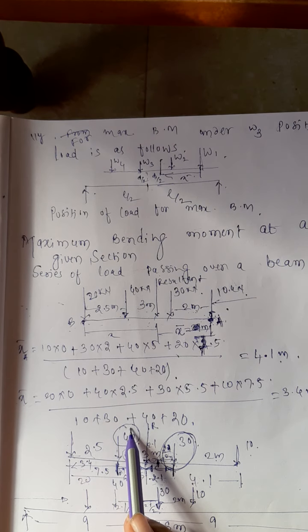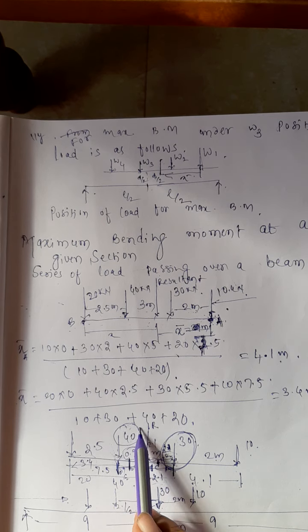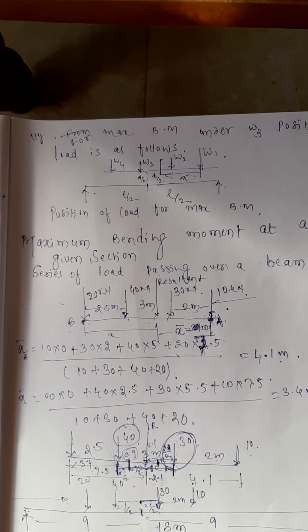If you want the maximum bending moment under the 40 kilonewton, then what he says is, you adjust the load in such a fashion that the resultant load and the 40 kilonewton load are equidistant from the center.